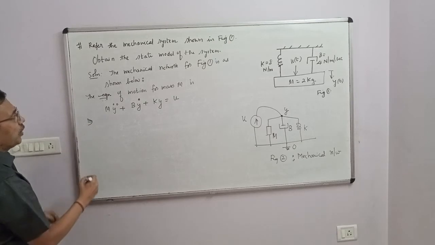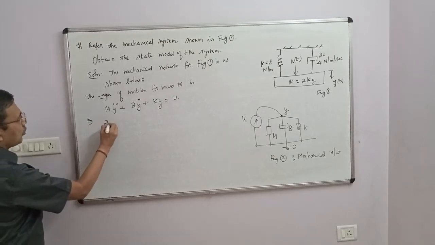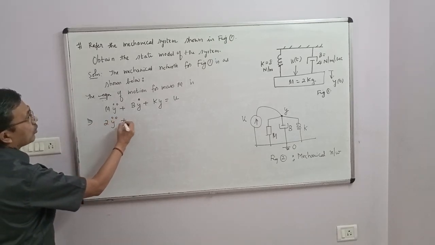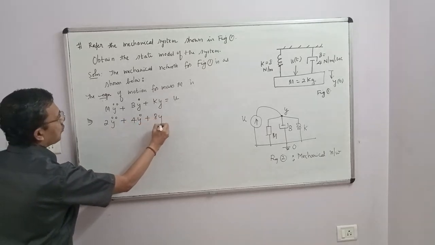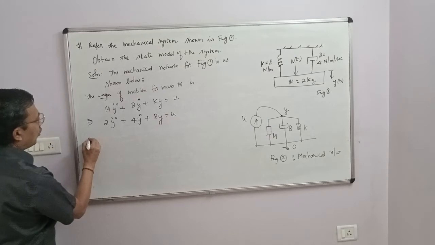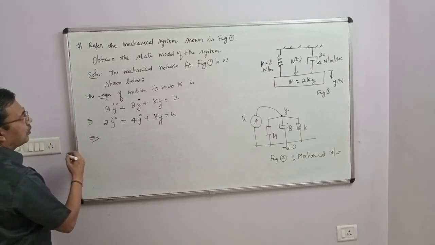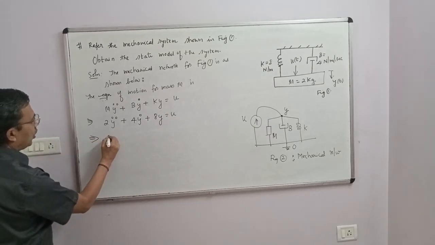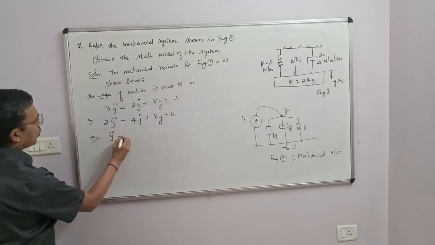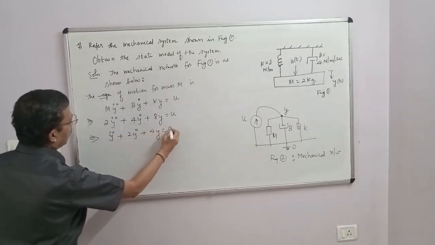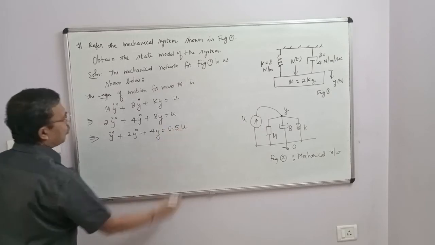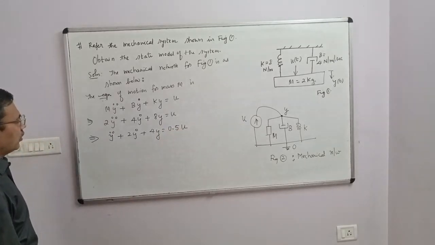Substitute the values of m, b and k. M is 2, so 2 times y double dot plus 4 times y dot plus 8 times y is equal to u. Divide throughout by 2. So you get y double dot plus 2 times y dot plus 4 times y is equal to 0.5 times u.